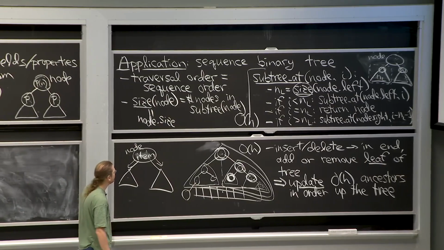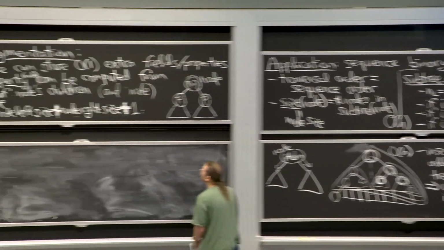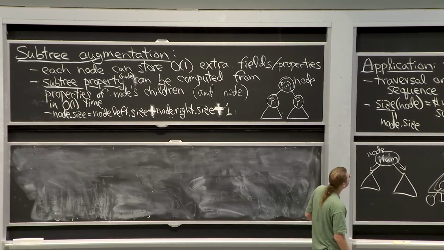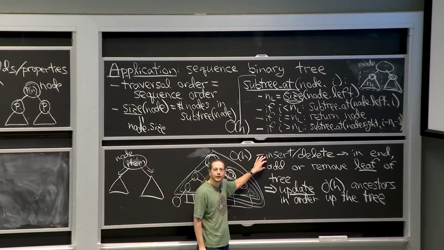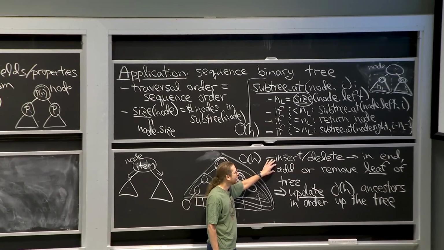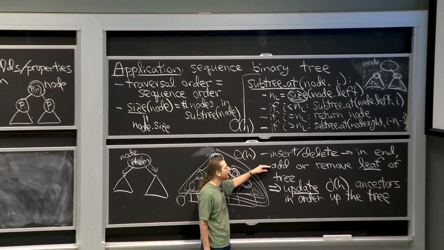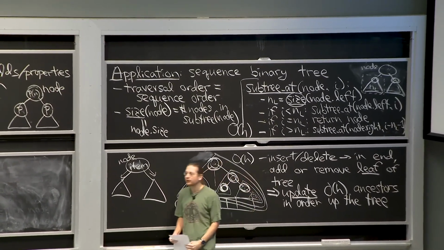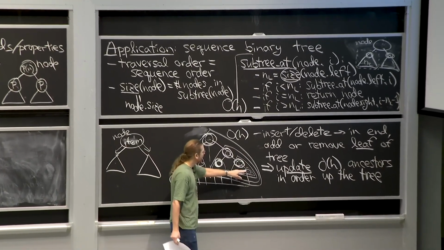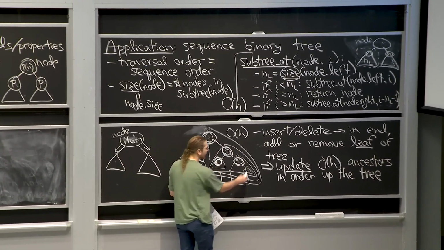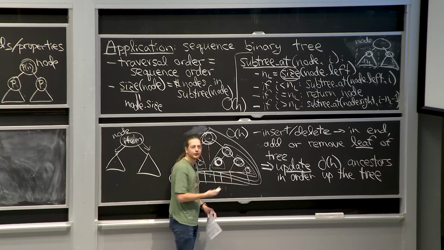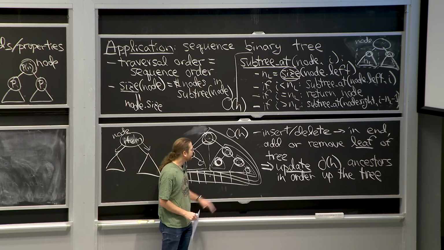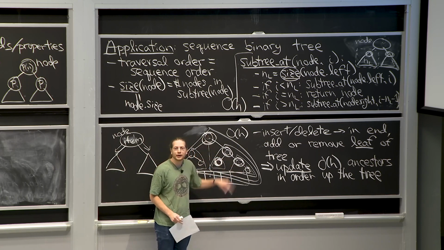So the only things that change the tree are when we insert or delete a node. And the way that we implemented those so far is to add or remove a leaf. So we should still be thinking about adding or removing a leaf. The problem is when I add a new leaf, now maybe this tree is higher than it used to be. So some node here may no longer be height balanced.